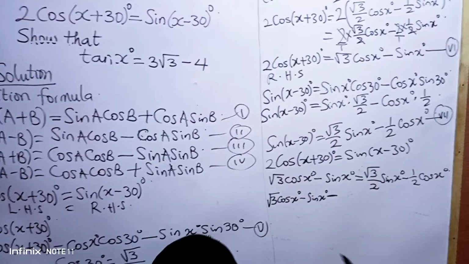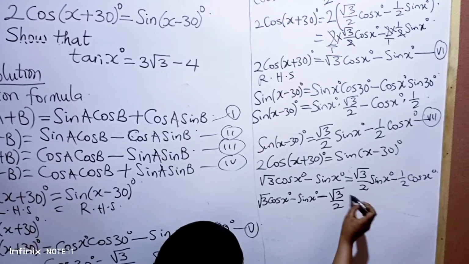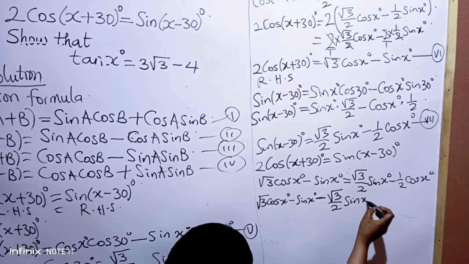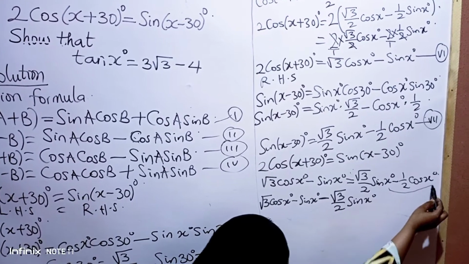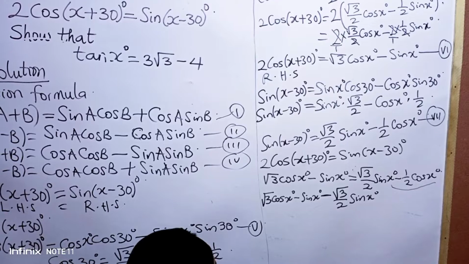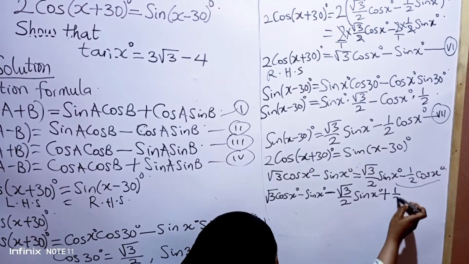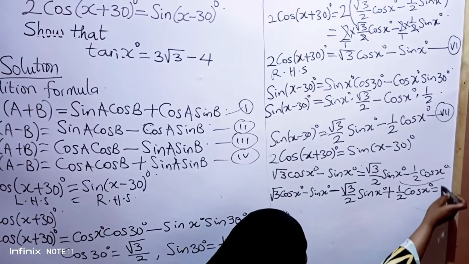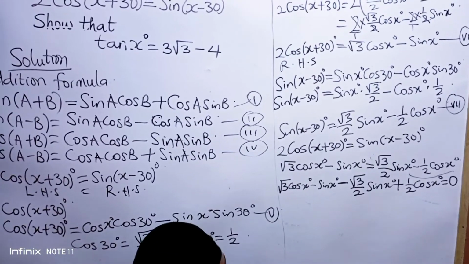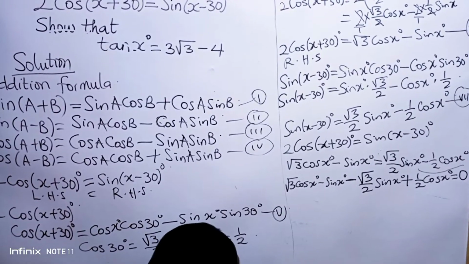So it becomes root 3 minus root 3 over 2, then sine x degrees. Now, if you bring minus 1 over 2 cos x in, it becomes plus 1 over 2 cos x degrees. Then you equate everything to be equal to 0.